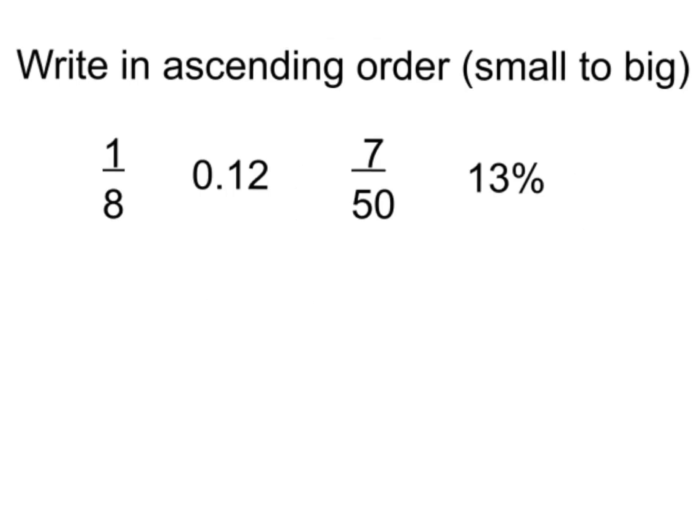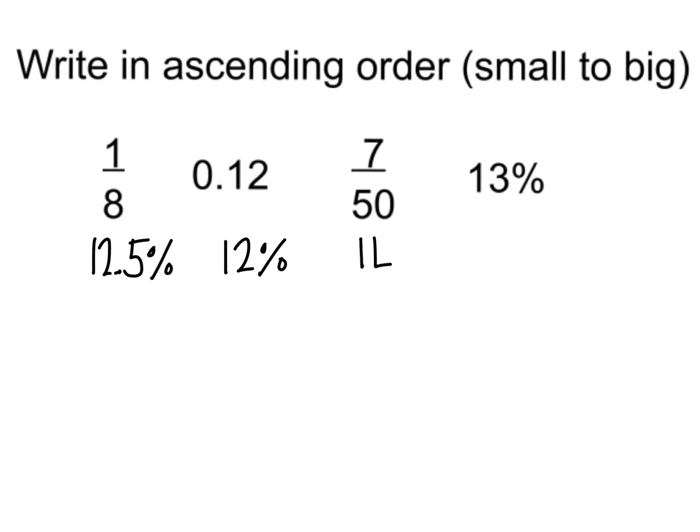Do another wee one. So this one, I'm going to turn into percentages again, I think. So 1/8 is the same as 12.5%. If you're not sure what that is, well, that's just a half of a half of a half. So 50%, 25%, 12.5%. So if you're dividing by 2, then 2, then 2, you're dividing it into 8. 0.12 is 12%. 7 out of 50, double them, is 14 out of 100.